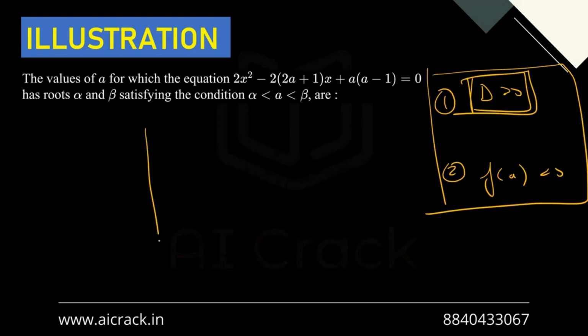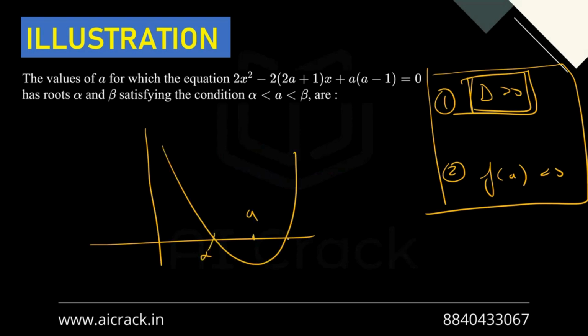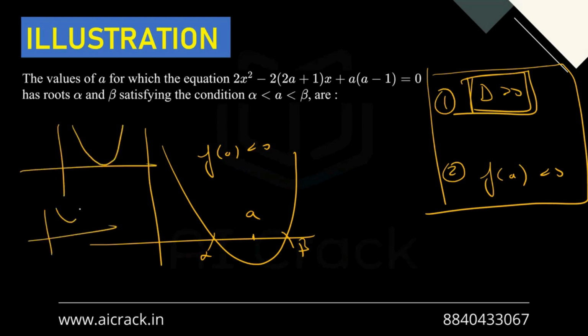Now understand one thing: when we are saying a is between alpha and beta, and also f(a) is less than 0, we inherently mean alpha and beta should be distinct. Because if we take these other cases, in both of them f(a) is either going to be 0 or positive; it cannot be negative.